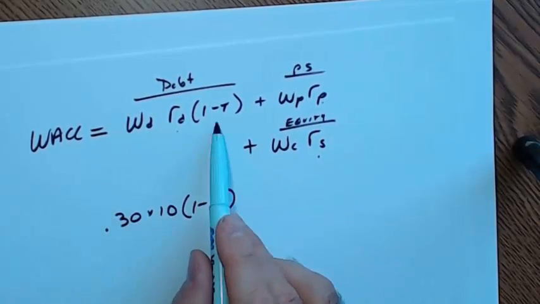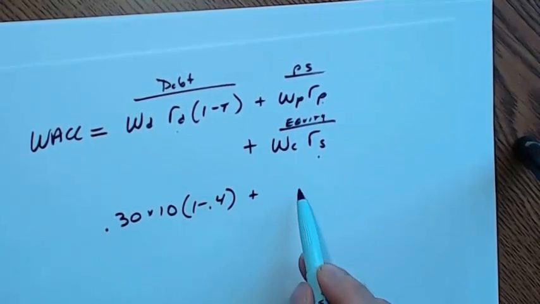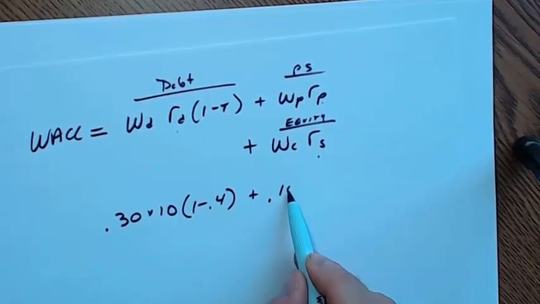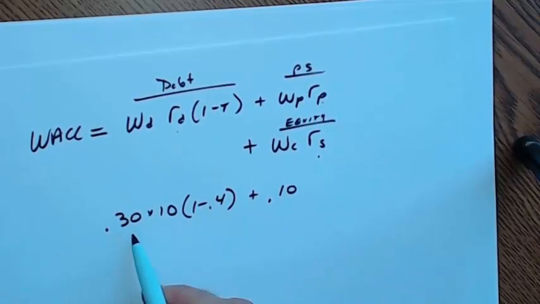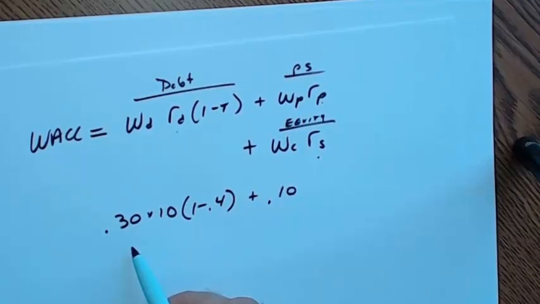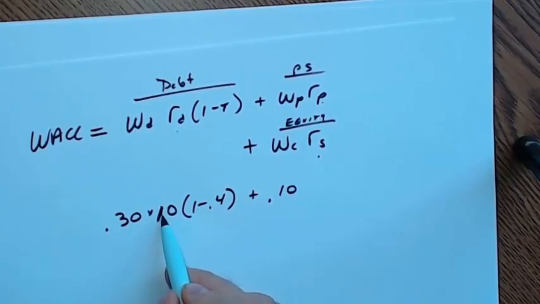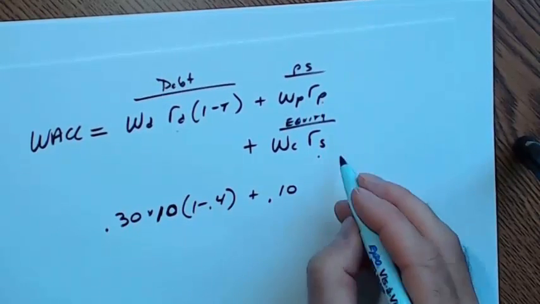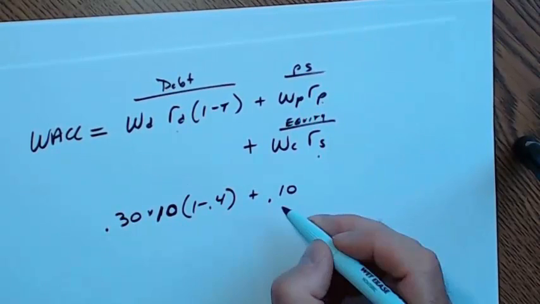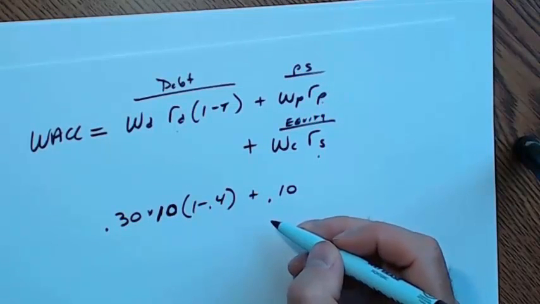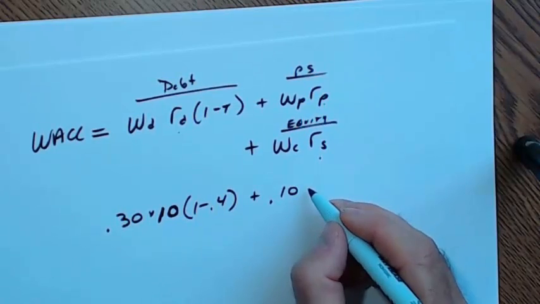Okay, so we have that number. The cost of preferred stock is 10%, weight, and I always put the weights in decimal form because the weights add up to 1. Put the returns in just a numeric form such as this, and mathematically it'll work out nicely in your calculator. You don't have to shift any decimals around in your calculator.